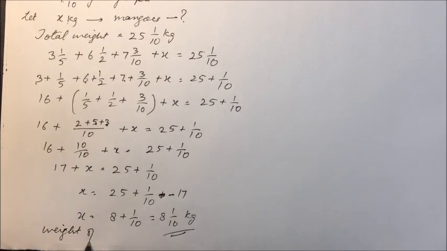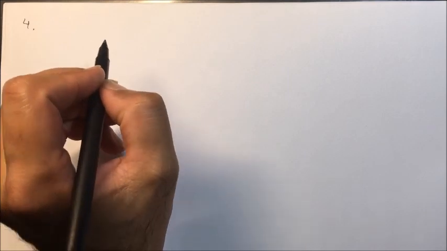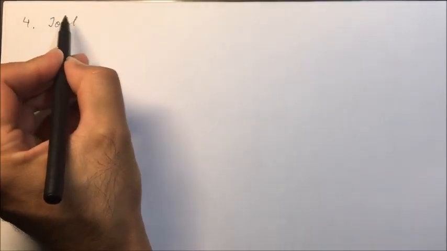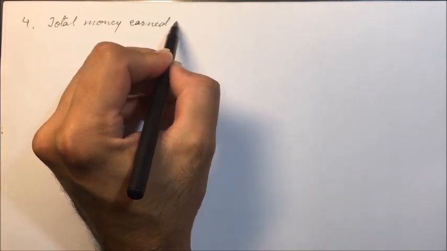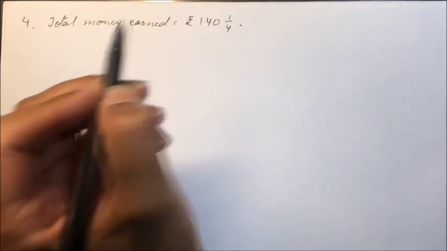So weight of mangoes in bag equal to 8 1 by 10 kg. Now we'll be solving fourth one. So here one day cobbler earned, so total money earned by cobbler, total money earned equal to rupees 140 1 by 4.